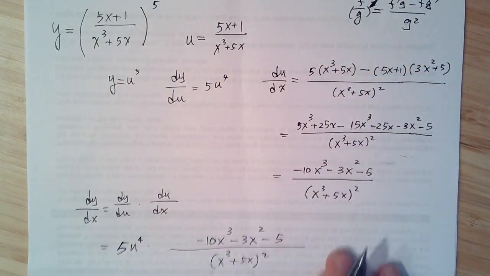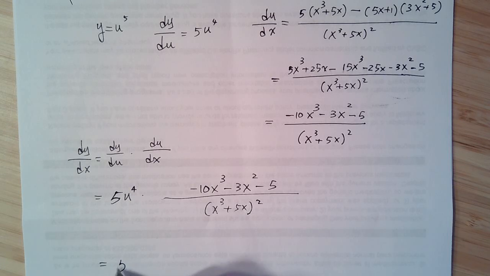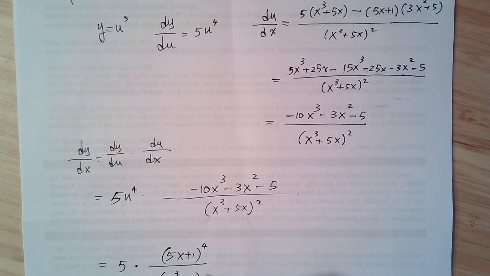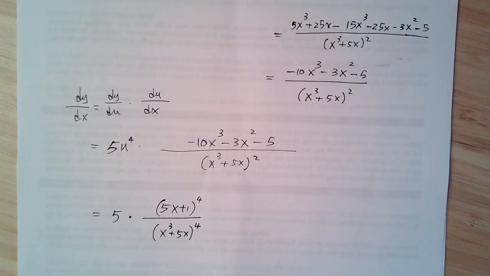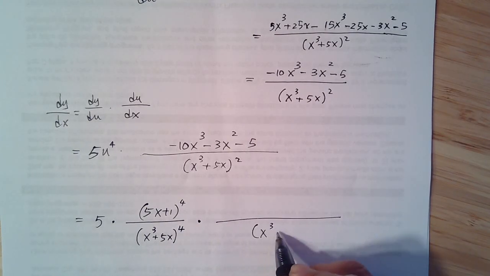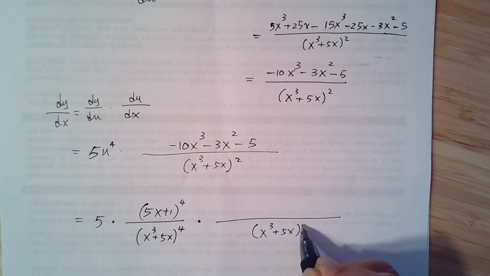So that will be 5 times 5x plus 1 to the fourth and x cubed plus 5x to the fourth. Okay, see, that's 5u to the fourth. And then I'm going to multiply by x to the third plus 5x squared.